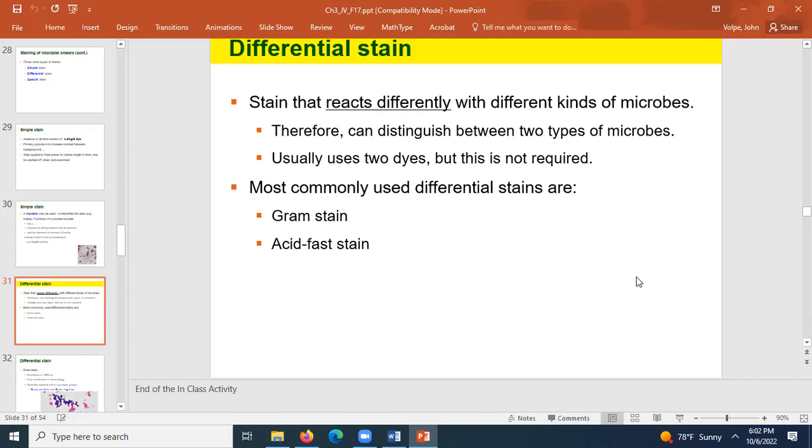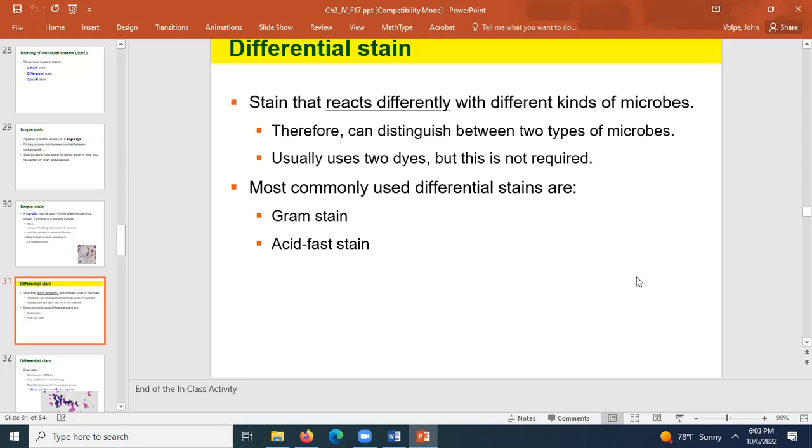The most commonly used differential stains are the Gram stain and the acid-fast stain. They allow you to differentiate between 2 different types of cells. With the Gram stain, you're looking at gram-positive cells and gram-negative cells. And that's why the Gram stain is a differential stain. Any question about any of that?